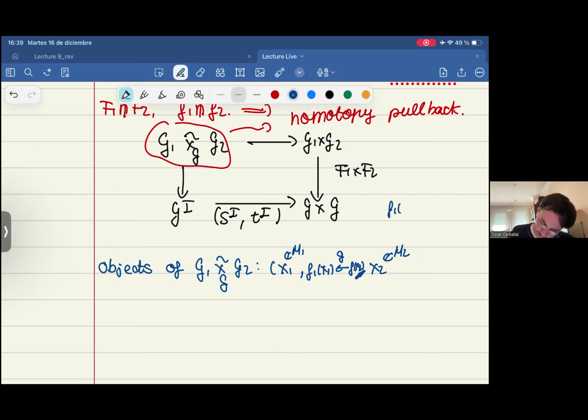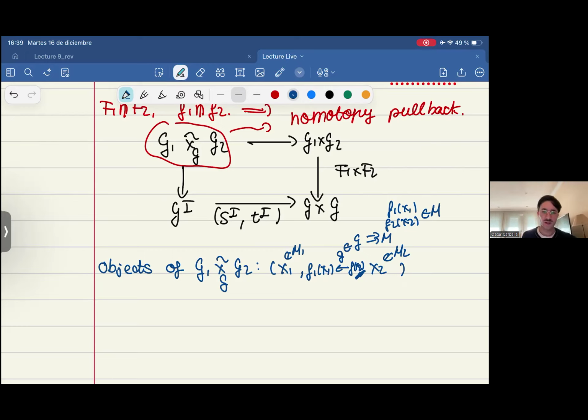Remember that F1(x1) and F2(x2) both belong to M, and G is a Lie groupoid over M. So this makes sense: the objects are triples of this form.